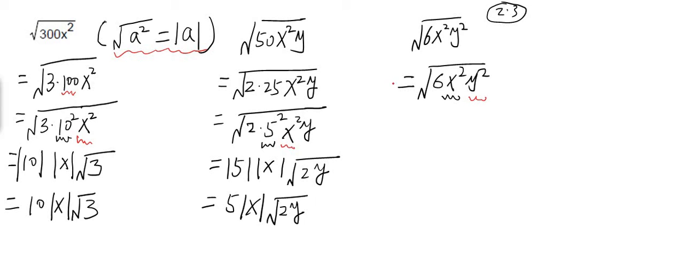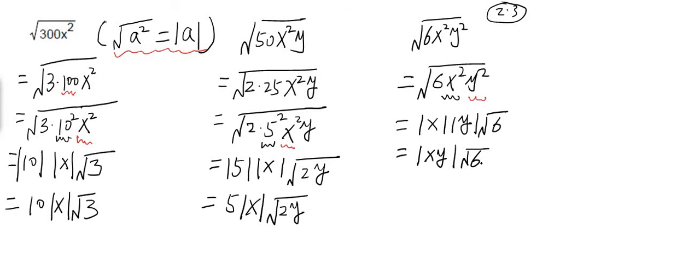So following the formula, x squared becomes the absolute value of x, y squared becomes the absolute value of y, and the left term is the square root of 6. And these two terms can multiply together: the absolute value of x times the absolute value of y times the square root of 6.